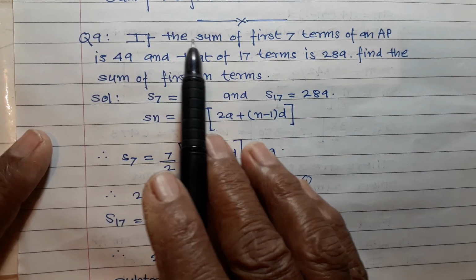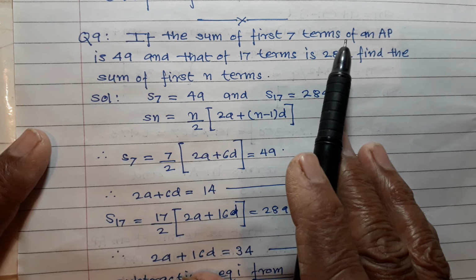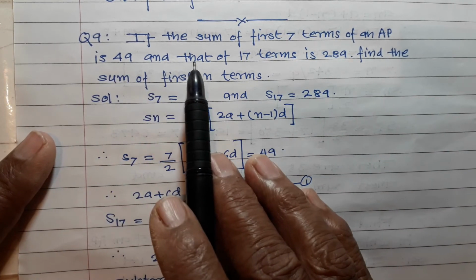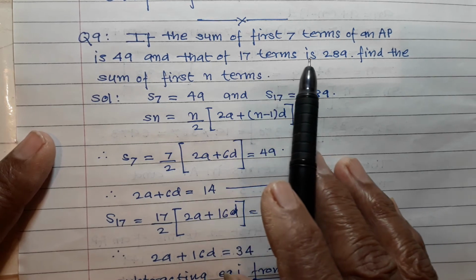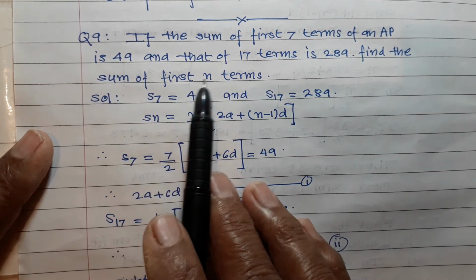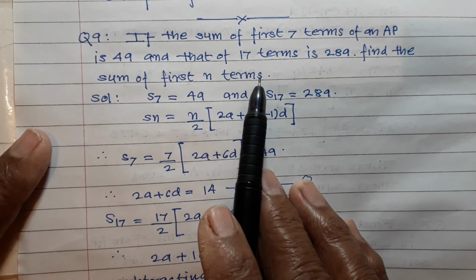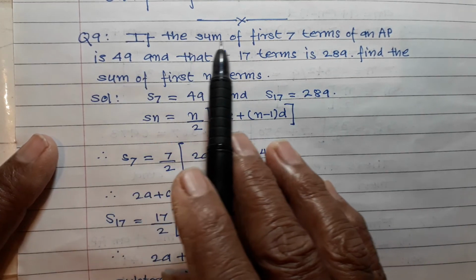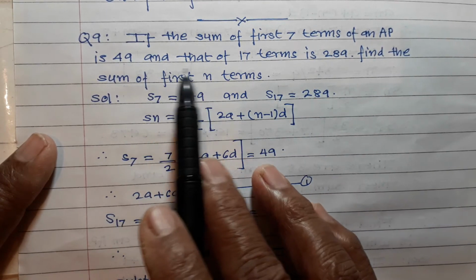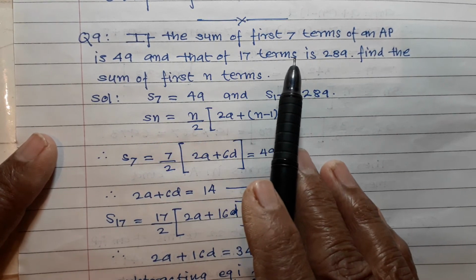Question number 9. If the sum of first 7 terms of an AP is 49 and that of 17 terms is 289, find the sum of the first n terms. The sum of the first 7 terms is given and the sum of the 17 terms is given.